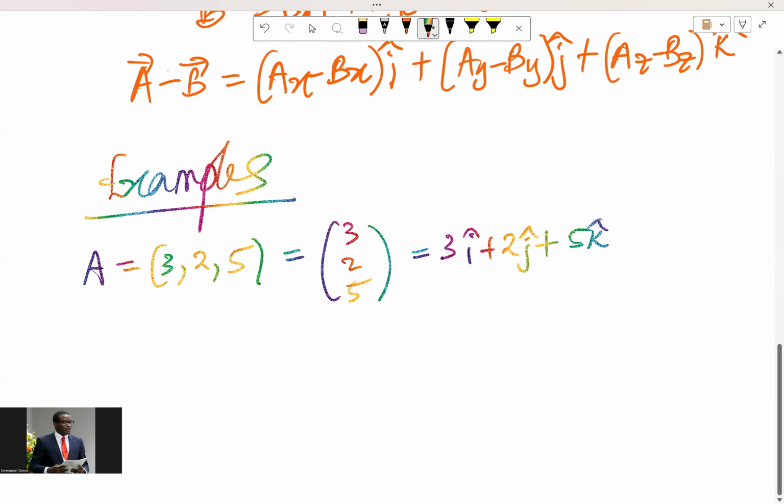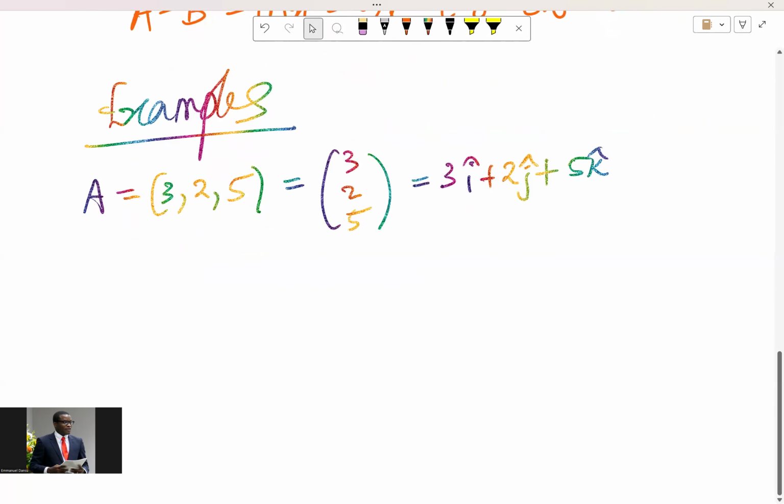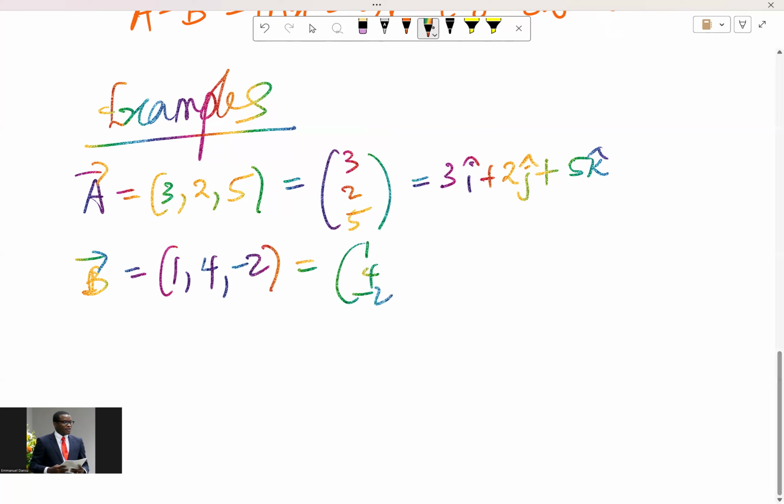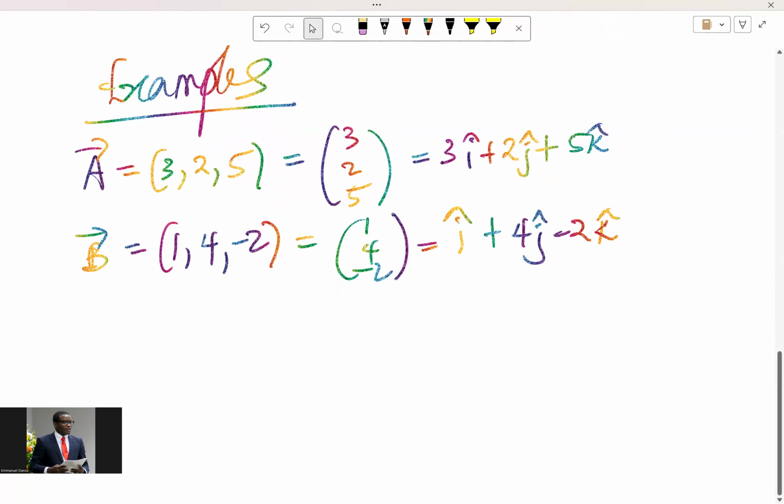So you can use any of the formats. This is vector A, and vector B is, say, (1, 4, -2), which is i plus 4j minus 2k.